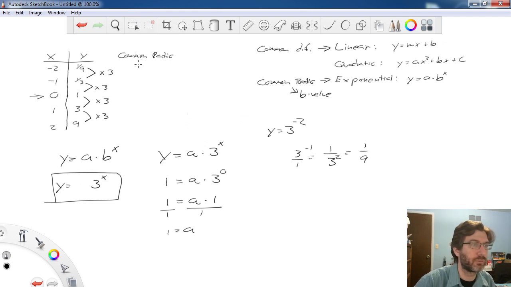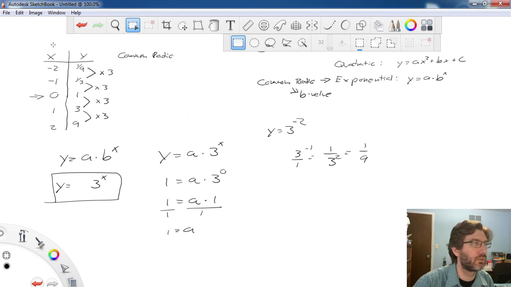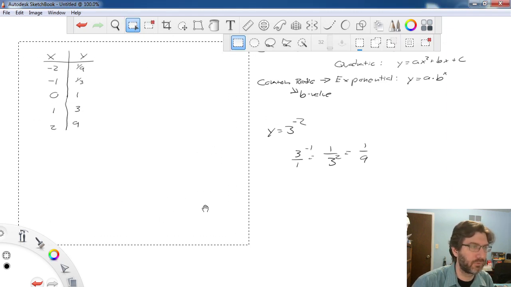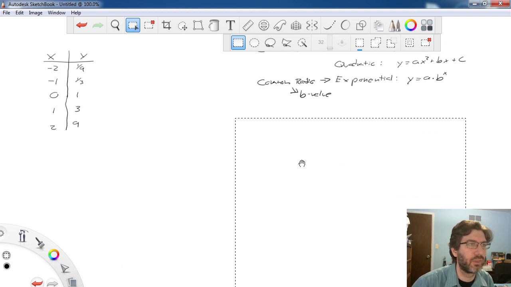So pretty straightforward there. The last case you're going to look at is the quadratic. Let's get rid of this and that.